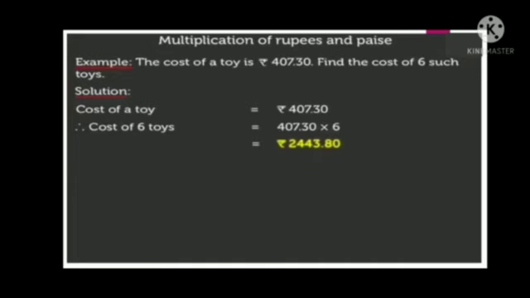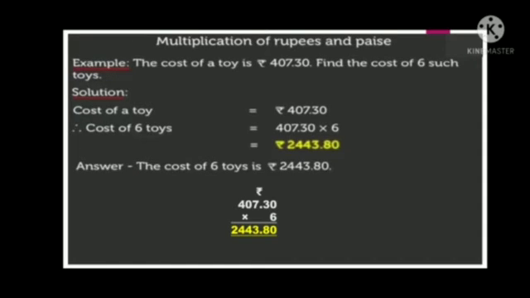So for solution we can write cost of a toy is given rupees 407.30. Therefore cost of 6 toys will be 407.30 multiply 6. How can we multiply rupees and paise?